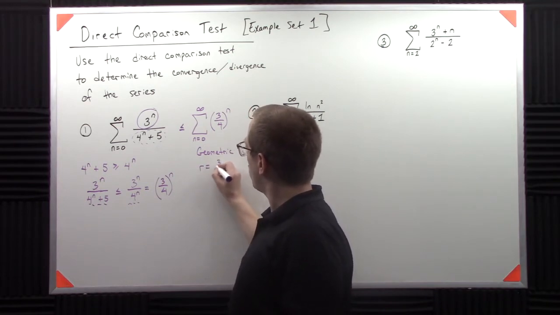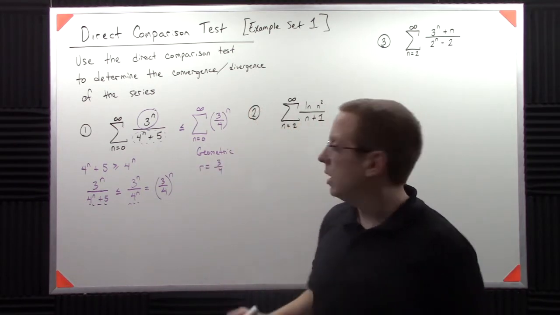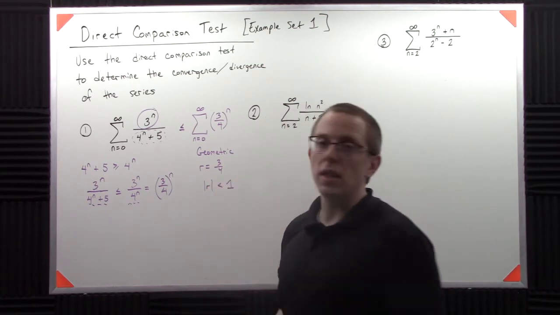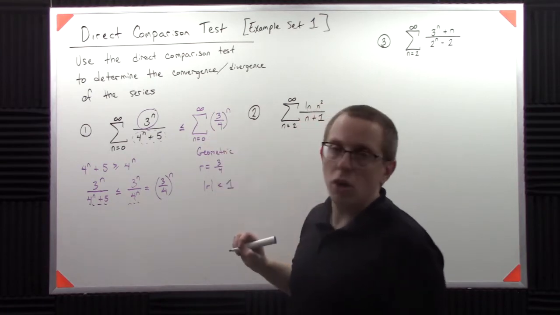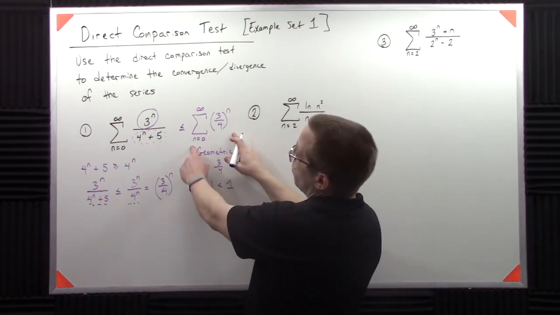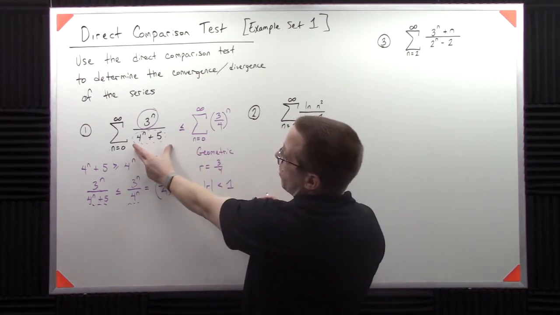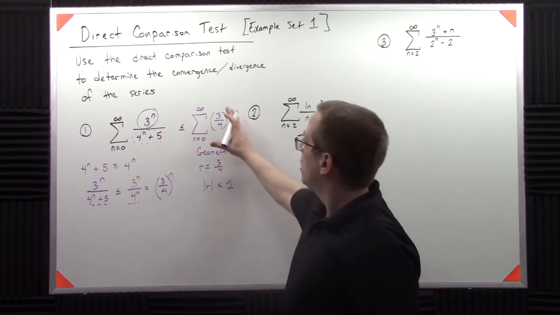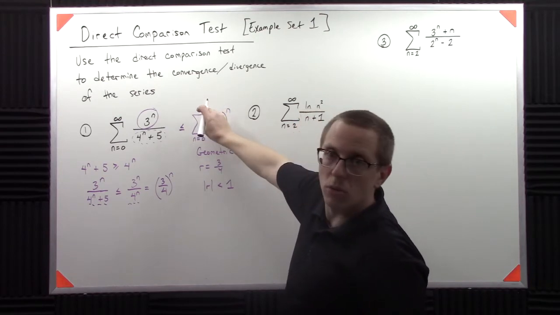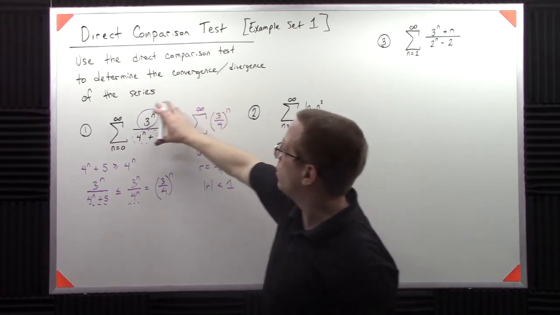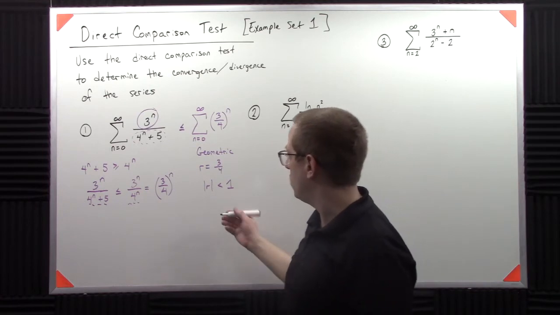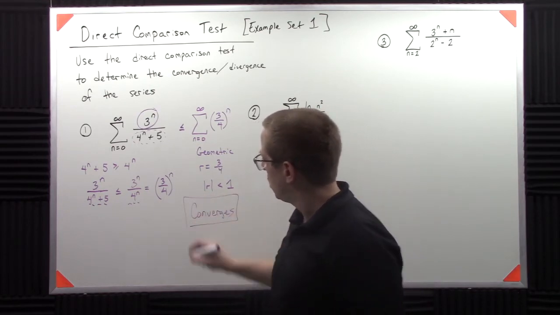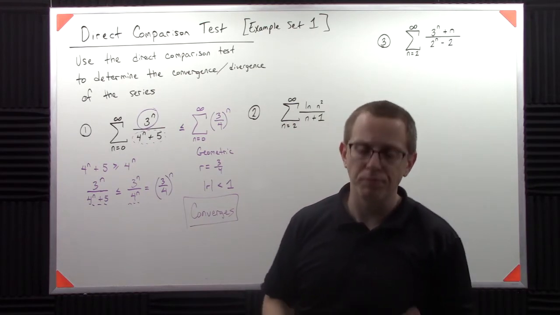And r is 3/4. And since the magnitude of r is less than 1, this converges. So since this converges and this is an upper bound for that, then if this thing shrinks down to or converges to a finite value, this has to converge to a finite value. So that tells you that it converges.